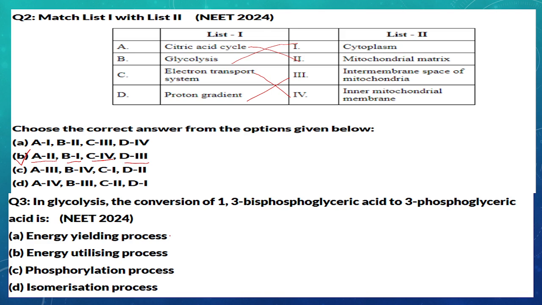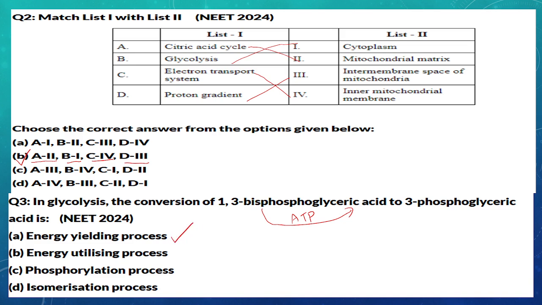Option A, energy yielding process. Option B, energy utilizing process. Option C, phosphorylation process. Option D, isomerization process. From 1,3-bisphosphoglyceric acid to 3-phosphoglyceric acid, there is a formation of ATP. So it is an energy yielding process.